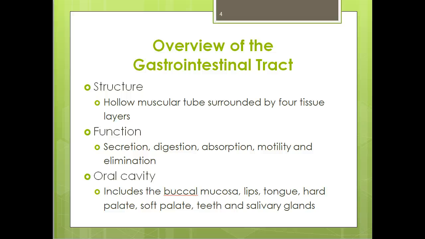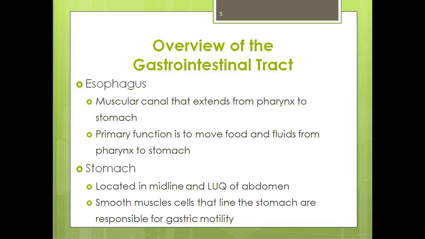So know about the functions, which are secretion, digestion, absorption, motility, and elimination. Know what the oral cavity consists of, which includes the buccal mucosa, lips, tongue, hard palate, soft palate, teeth, and salivary glands.